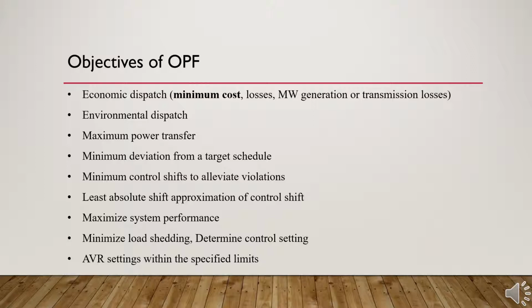The next one is environmental dispatch, maximum power transfer, minimum deviation from a target schedule, minimum control shifts to alleviate violations, least absolute shift approximation of control shift, maximize system performance, minimize load shedding, determine control settings, and automatic voltage regulation control settings, and AVR settings within the specified limits.